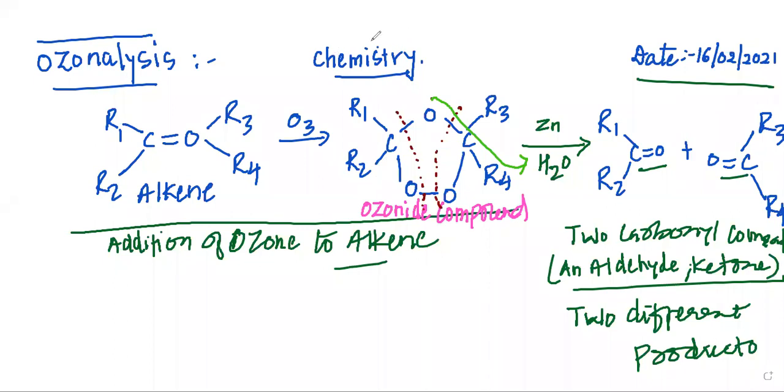Now, if you have any doubt, you can ask me. While studying the structure of benzene, we have used these ozonolysis reactions and we have proved that both the Kekule structures exist. So do you have any doubt? You can ask, dear students.